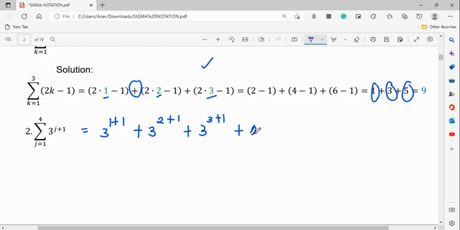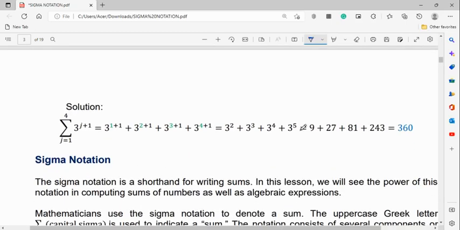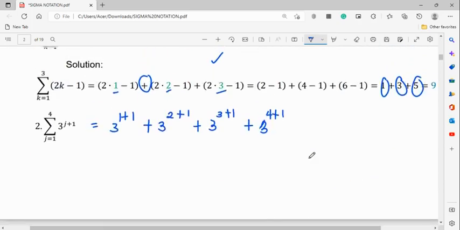Now the fourth term, 4 plus 1. Okay, so you got this. 3 squared is 9, 3 cubed is 27, 3 raised to 4 is 81, 3 raised to 5 is 243. Hence the sum is 360. Okay? That is how we evaluate, no?